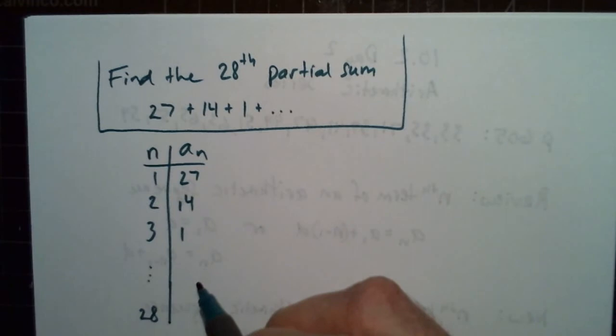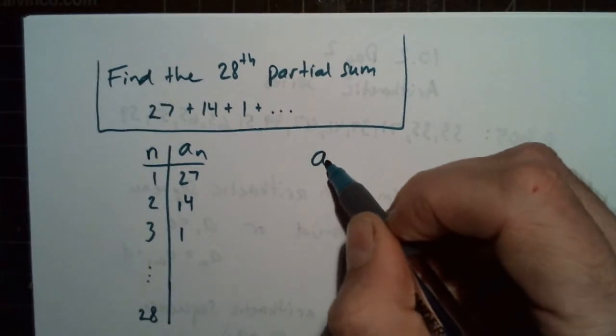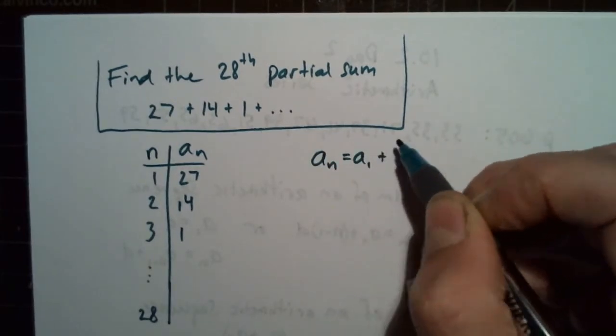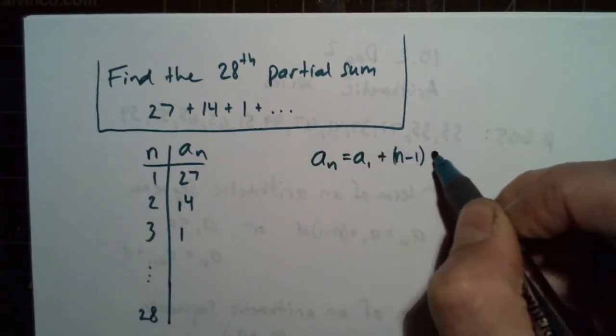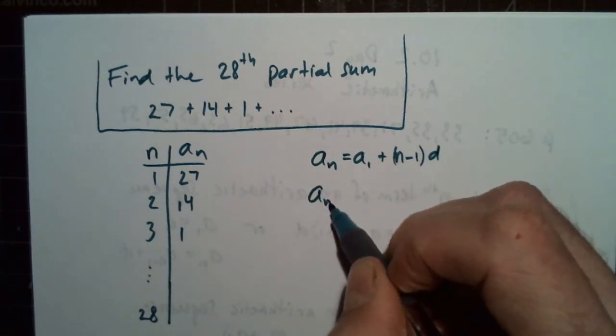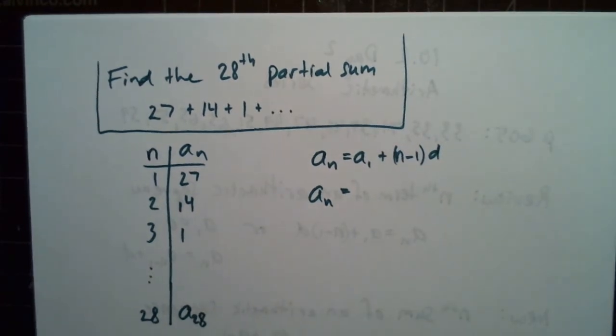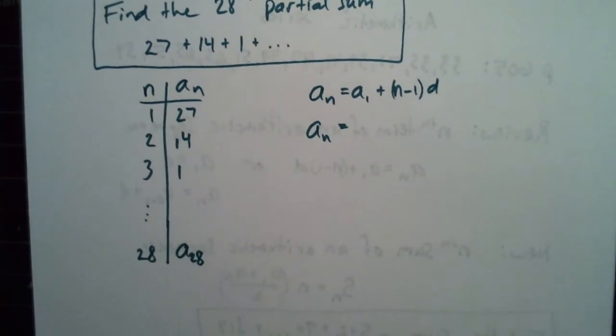All right. We need to know the 28th term. If we're looking for a term, then we'll use the nth term formula. We don't know what number that is, but we could call it A28.